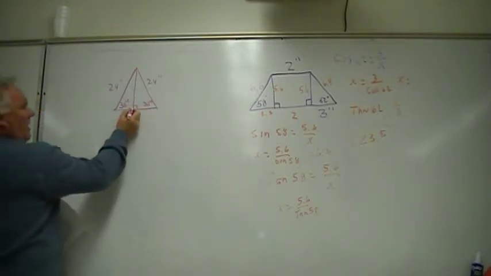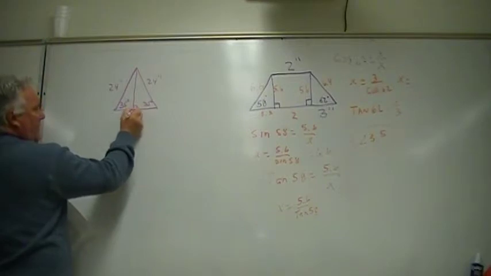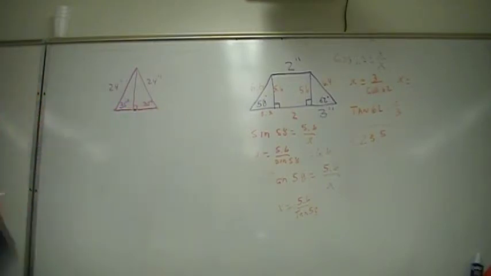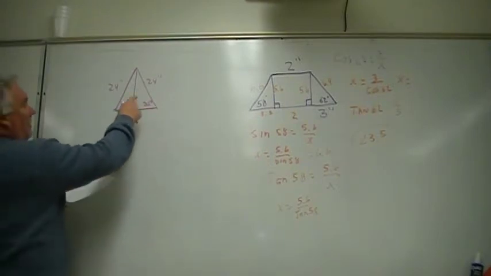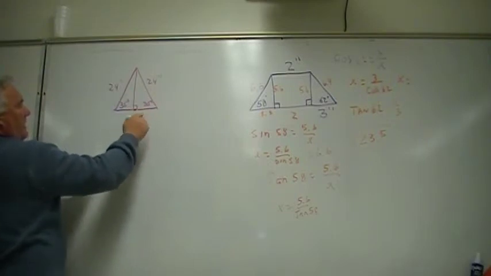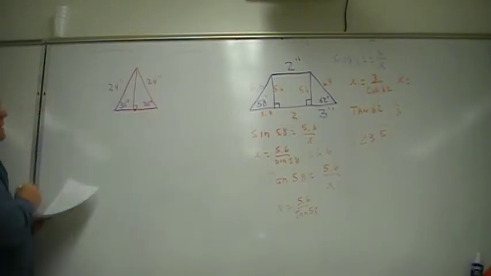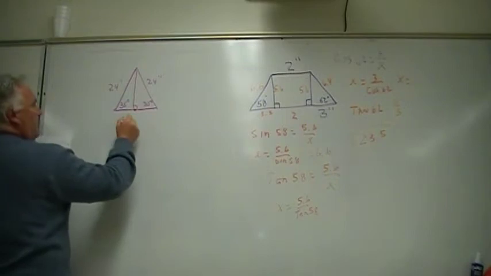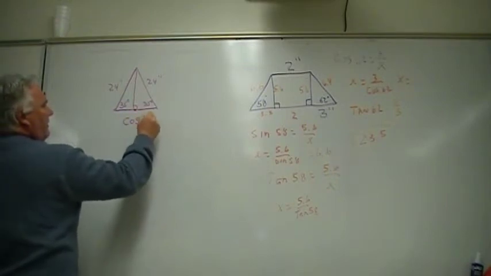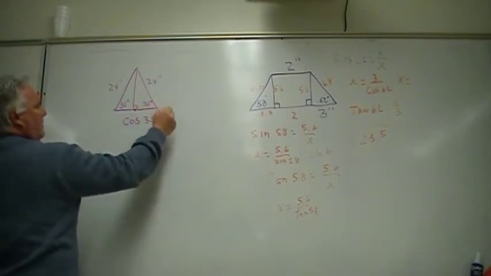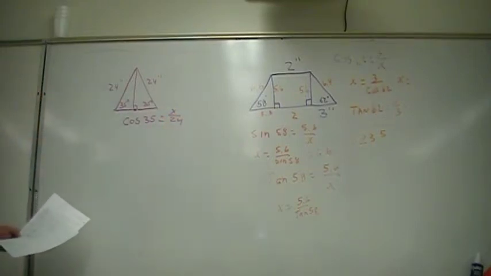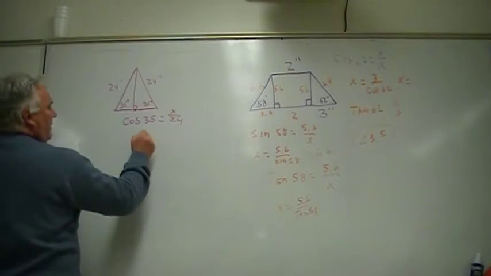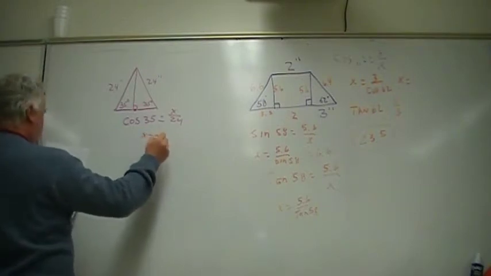Now, I didn't draw it real well, but that's a median right there. That's a middle, so that is congruent to that. So now we need to just find this length right here. So we can use cosine 35 to find this length, x over 24, and x will equal 19.7.